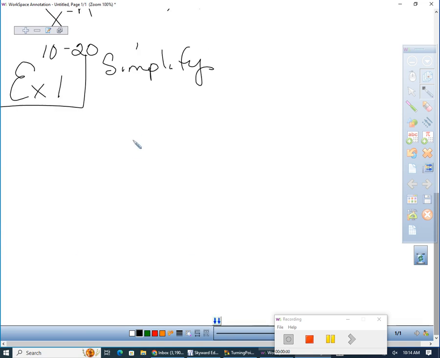So let's say I have, how about 5 to the negative 3? Since it's a negative exponent, we're going to move that to the bottom, which is 5 to the positive 3. And what's left behind on top? Just a positive 1.